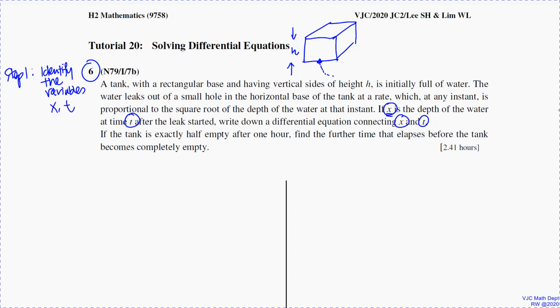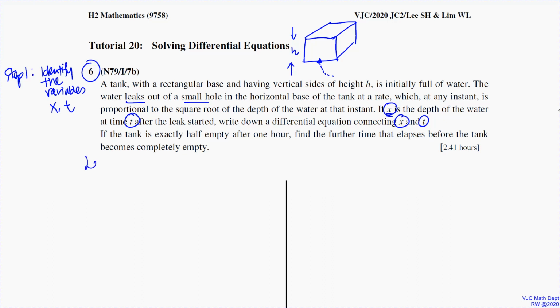You could also say it's slightly tough, because when we talk about water leaking out from a small hole, the rate of leaking is something over d something dt, but it's not x, because x is just the height. When the water leaks out, we are talking about the rate at which the volume decreases.